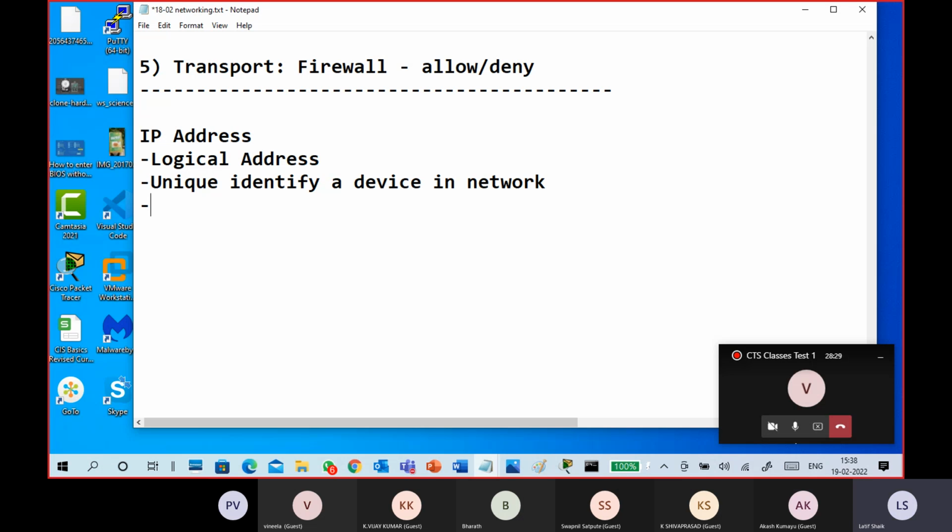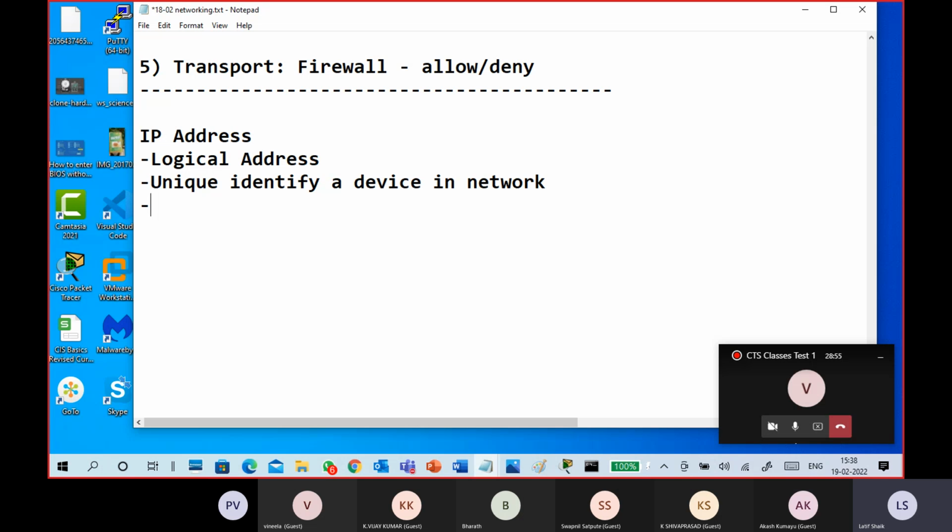In a network, we have multiple computers. If devices want to communicate with each other, we need logical addressing, that is IP addressing. So logical addressing is important, right? I want to write a letter to someone, so the address is important.